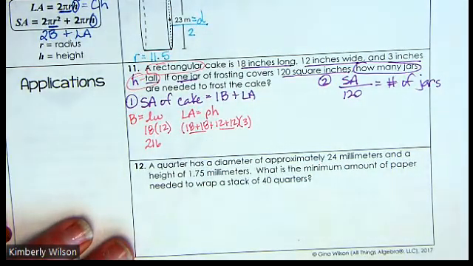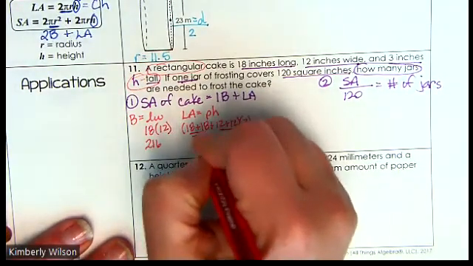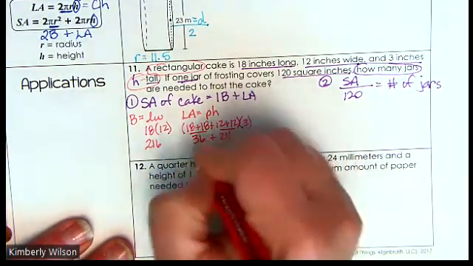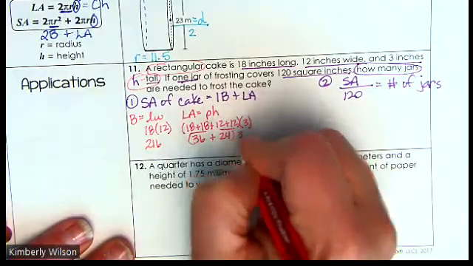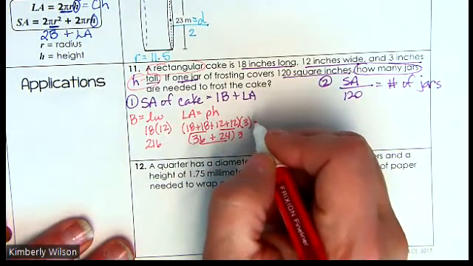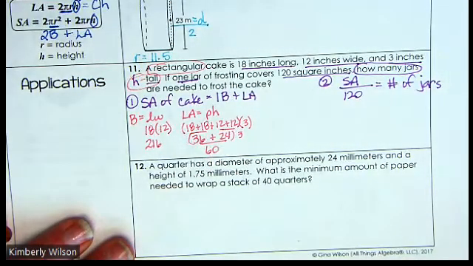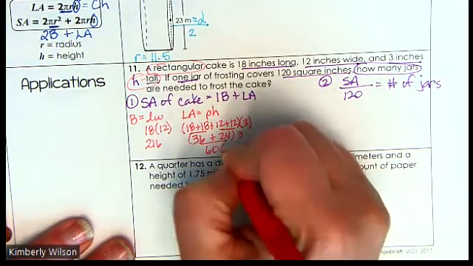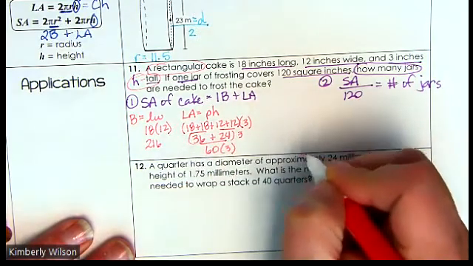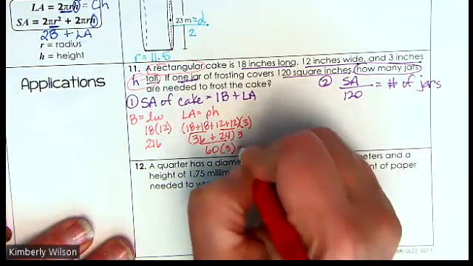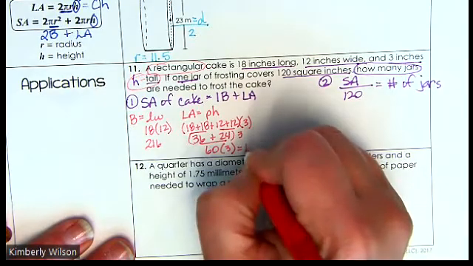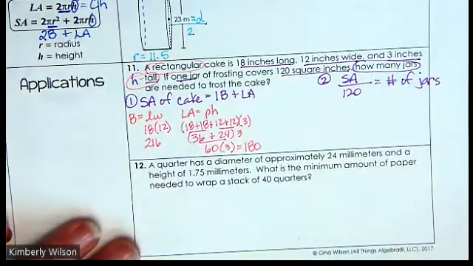This is 36 plus 24 times 3. So that's going to give me 60 times 3. So that means that my lateral area is 180.